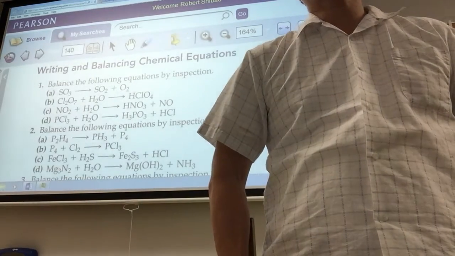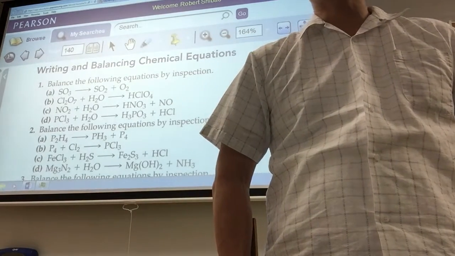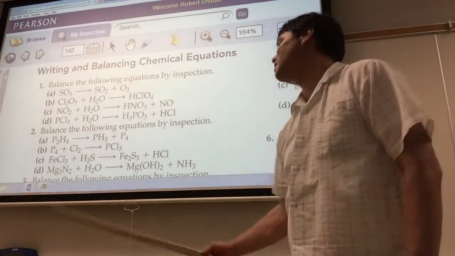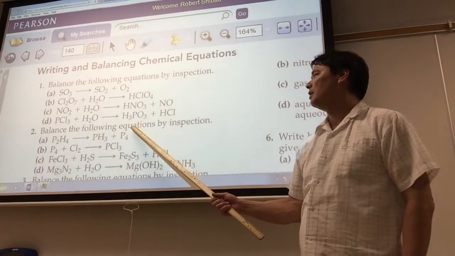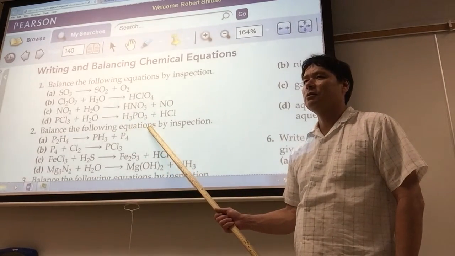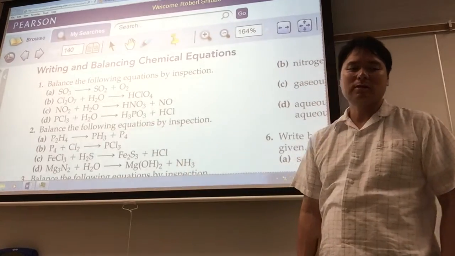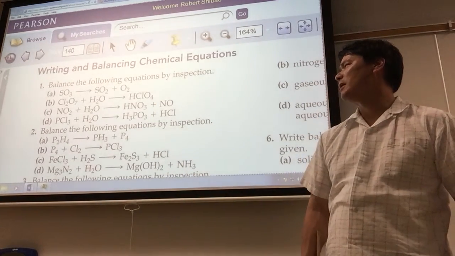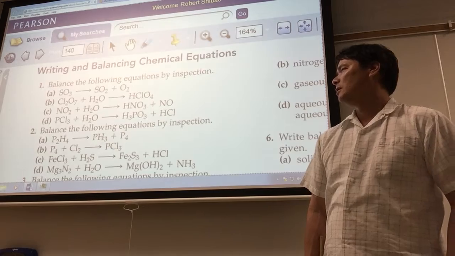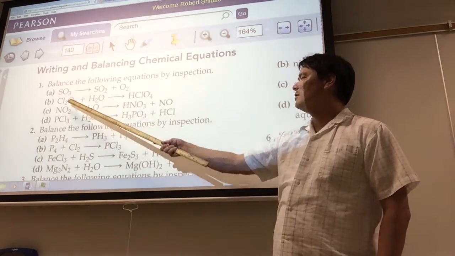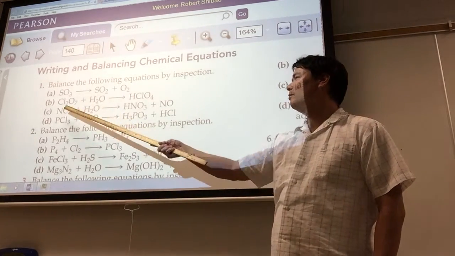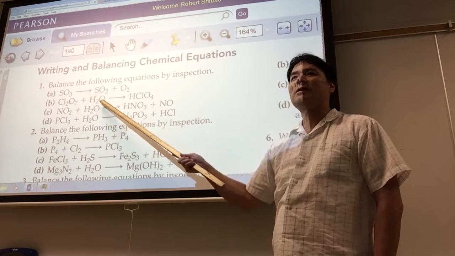That means it's either a double replacement reaction, but we eliminated that. It's not a double replacement reaction, meaning it must be an acid-base reaction. It doesn't look like your standard acid-base reaction, where you have a base and neutralize it with an acid. But recall that this one is also an acid-base reaction.